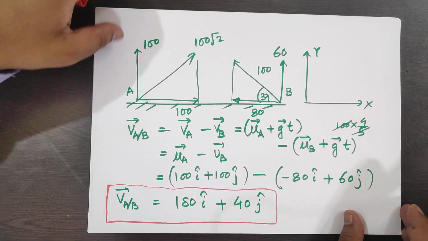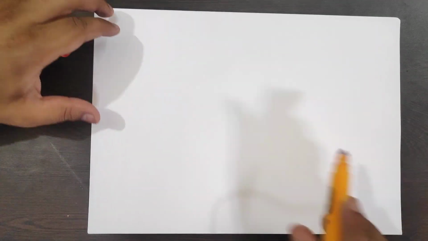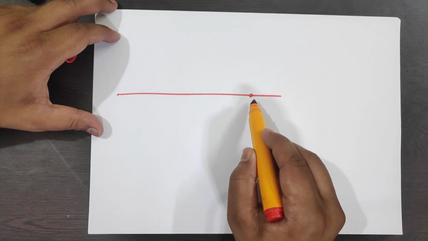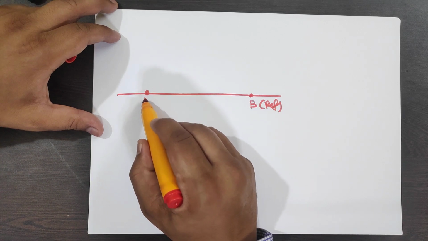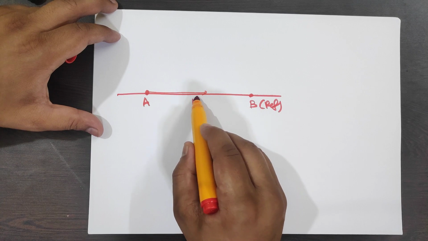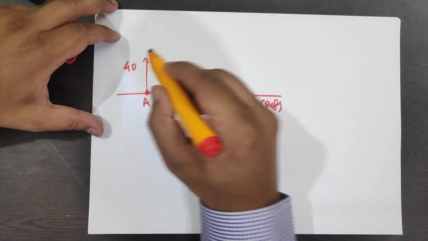Now, as we have found out VA with respect to B, if you observe, we are fixing our reference frame to B. So let's see the path of A with respect to B. It's 180 this way, and 40 this way.